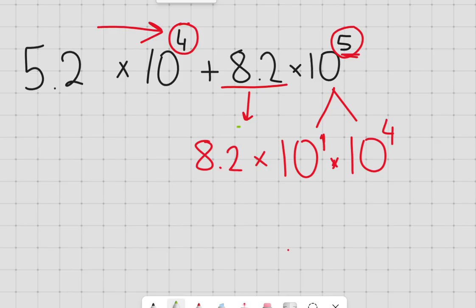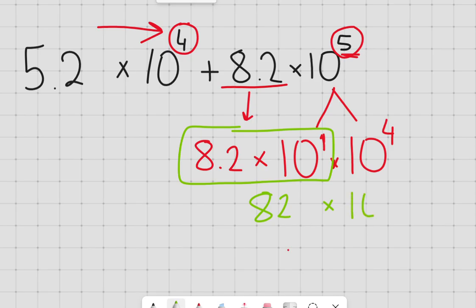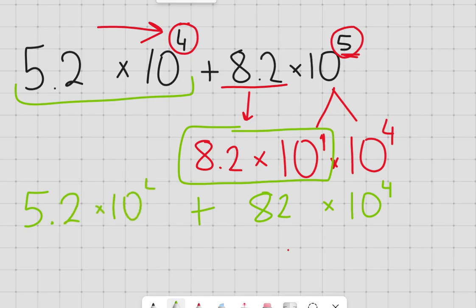What we need to do is, what is 8.2 multiplied by 10? That is 82. Excellent. 82 multiplied by 10 to the power of 4. Perfect. We copy the first number again. 5.2 multiplied by 10 to the power of 4. Oh, then it's easy again.